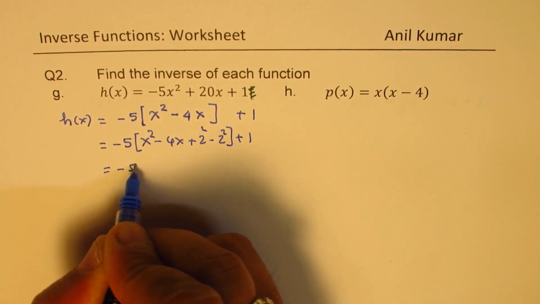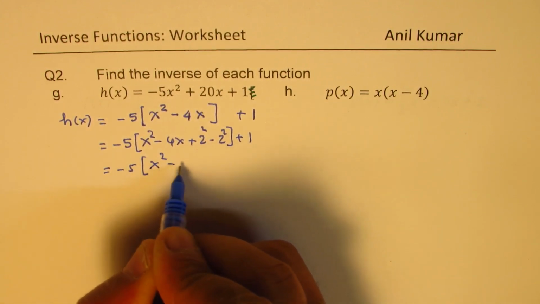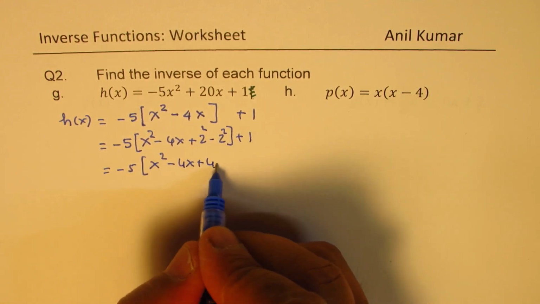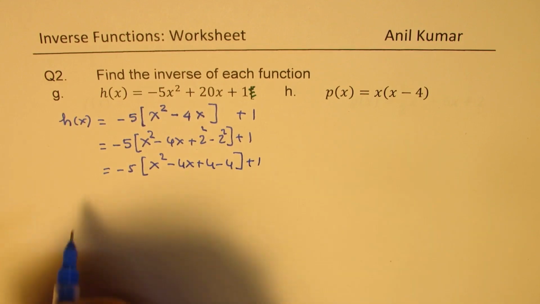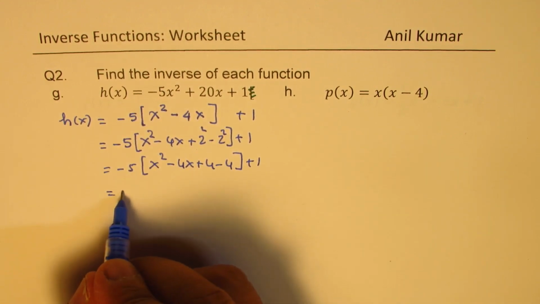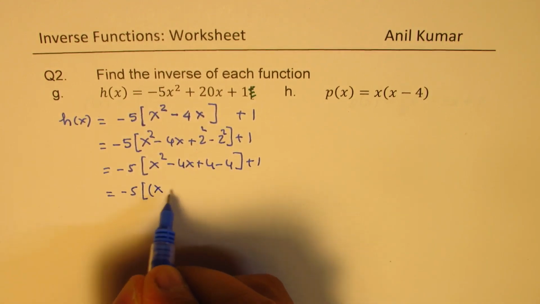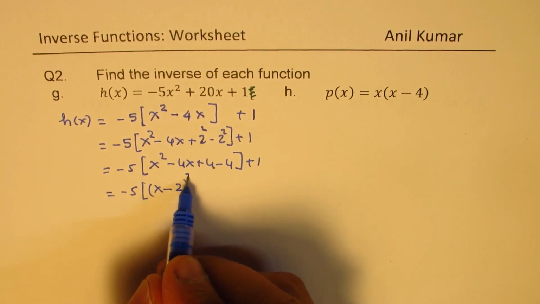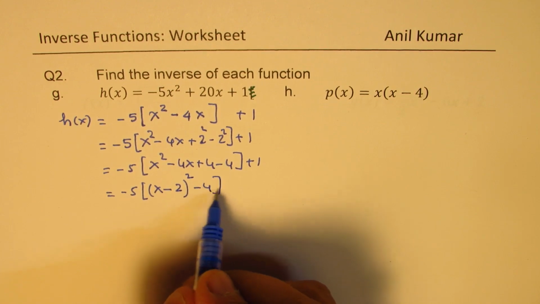And that gives you minus 5 (x squared minus 4x plus 2 squared) minus 4 plus 1. Now the first three terms are a perfect square, which could be written as (x minus 2) whole square, minus 4 plus 1.